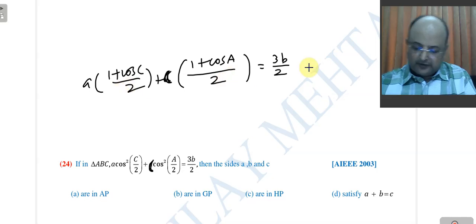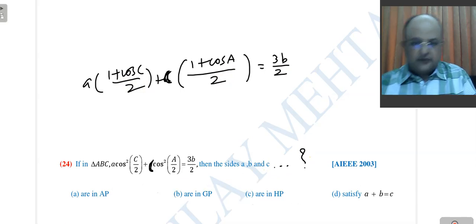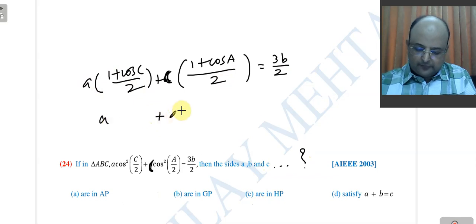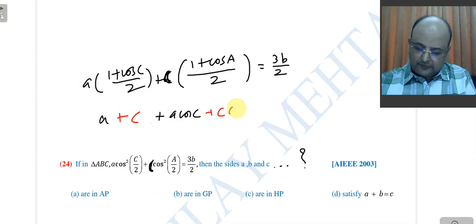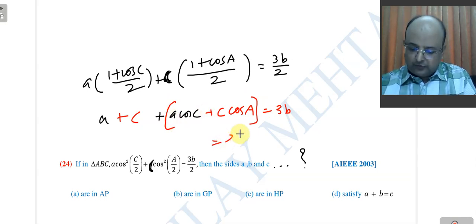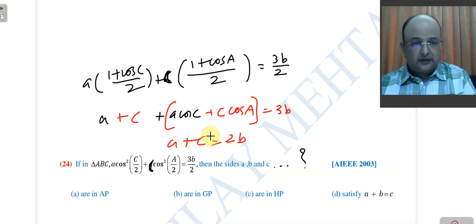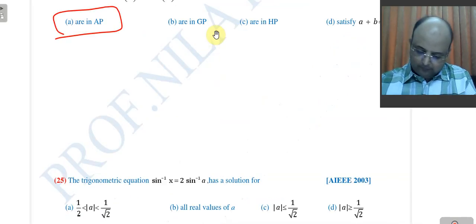So 2 is common and cancels, and you want to find out in which progression a, b, c are. a plus a cos c plus c plus c cos a equals 3b. You can observe that this is your b by the projection formula. That b goes on the right hand side, so 2b equals a plus c. Yes, I can say that they are in AP.